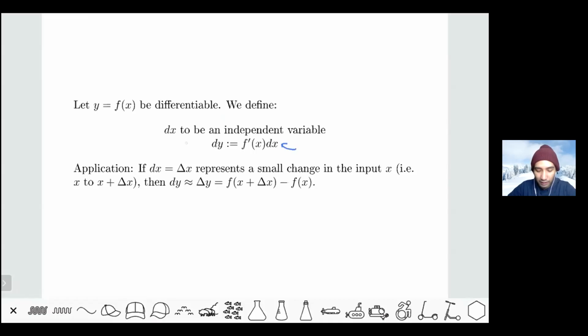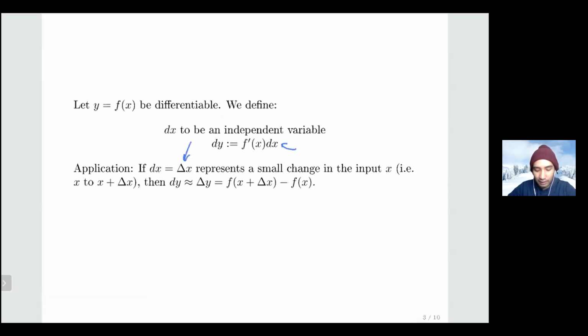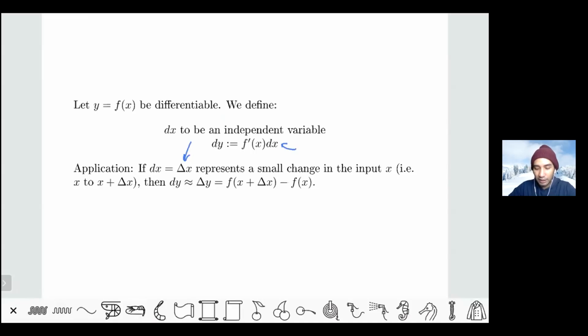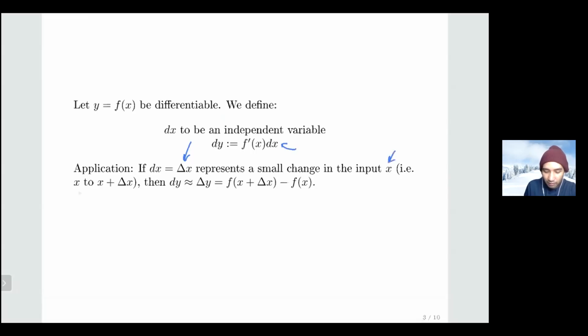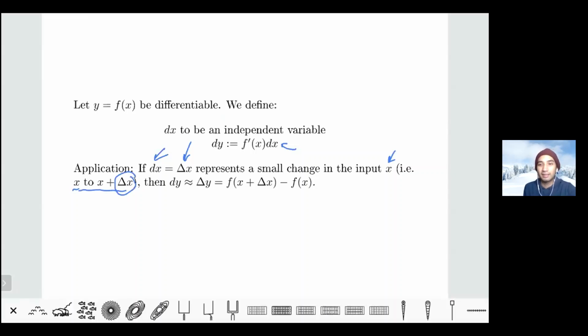Pero in applications, usually yung nilalagay nating value for dx is the change in the input. Okay? So halimbawa, yung input mo na x nagbago, no? So from x to x plus delta x, yung change in input na yun yung usually pinapasok natin diyan sa dx natin. Okay?